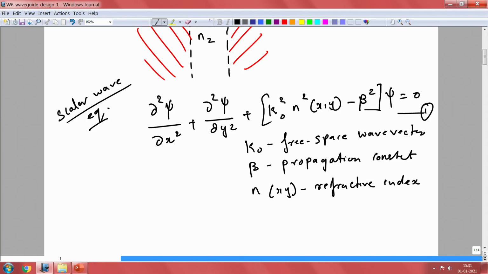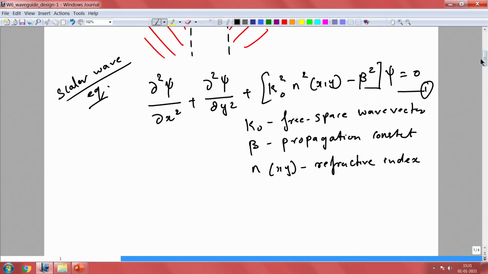So, now let us look at the solution itself. The chi is the propagating wave here, right. So, what could be the solution to this? The solution will be a function of x and y, right. It is rather straightforward, that is something that we saw earlier.